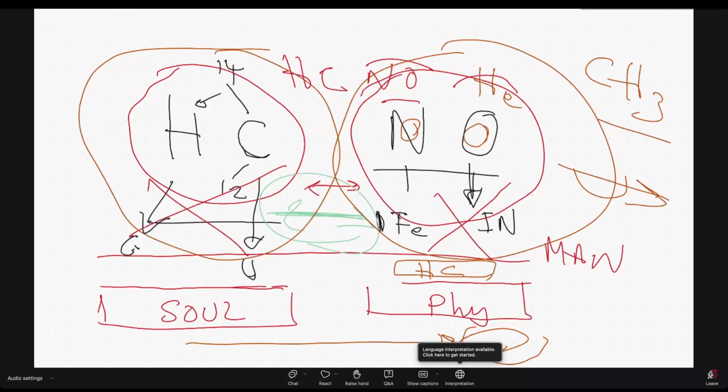Then we understand how things will take shape in the body of the man when the soul is gone.